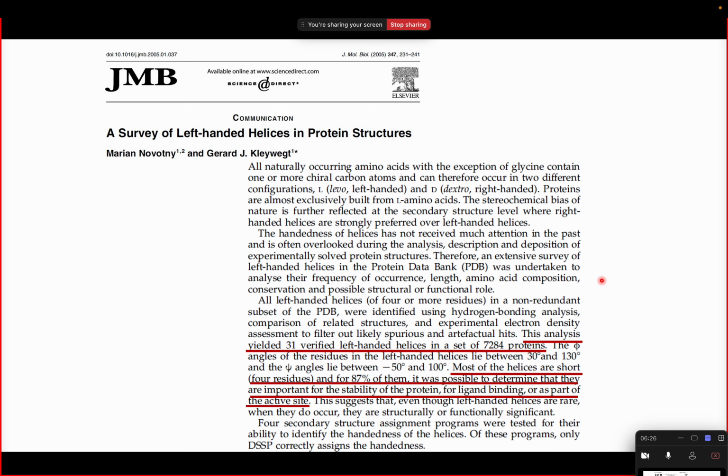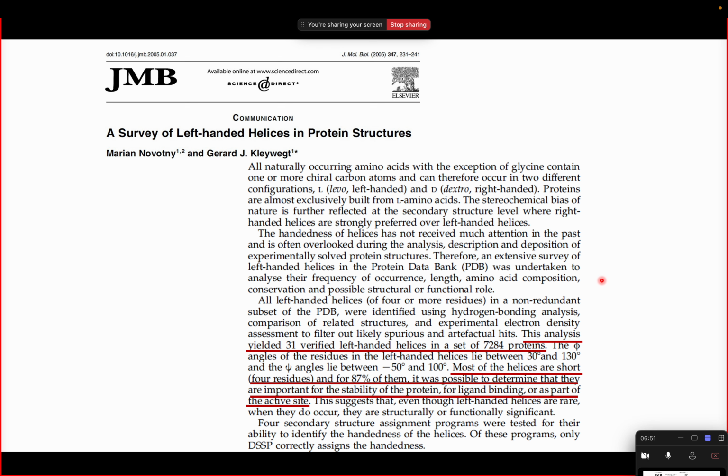The stereochemical bias of nature is further reflected at the secondary structural level, where right-handed helices are strongly preferred over left-handed helices. The handedness of helix has not received much attention in the past and is often overlooked during the analysis, description, and deposition of experimentally solved protein structures.